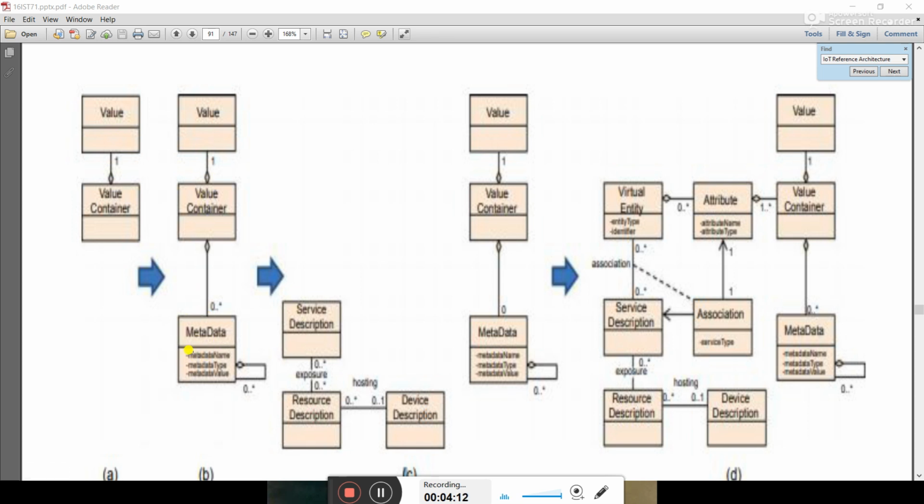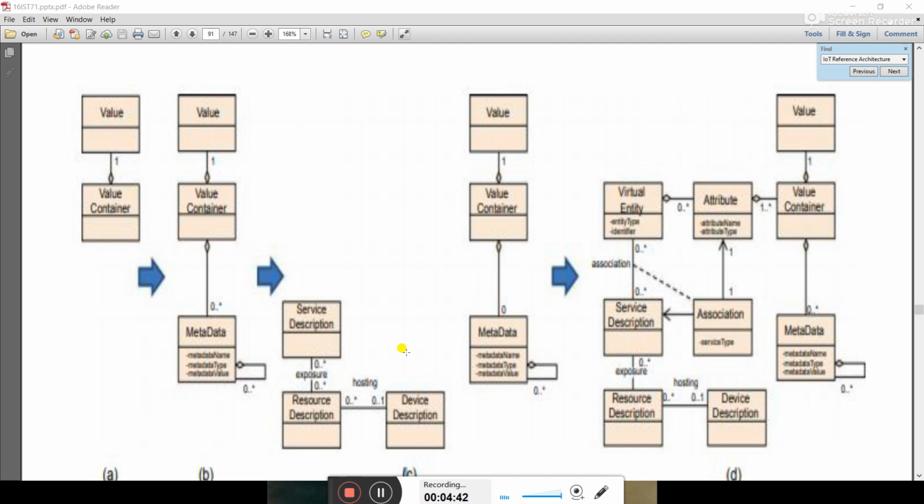Here you can see the metadata, and all the data is captured in this metadata, and then it is provided to other things like service description and service processes. The service description means the data is segregated and implemented in the service, accordingly, meaning from which location the data is coming, and which type of data is coming.